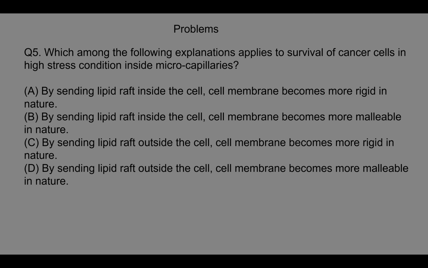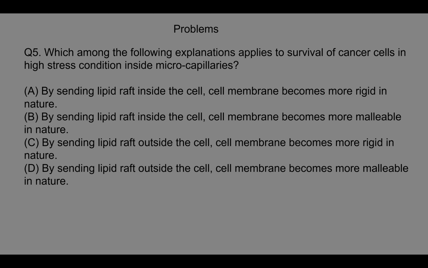And question number 5, which among the following explanations applies to survival of cancer cell in high stress condition inside micro capillaries? So what is the possibility here? Option E is saying that by sending lipid raft inside the cell, cell membrane becomes more rigid in nature.